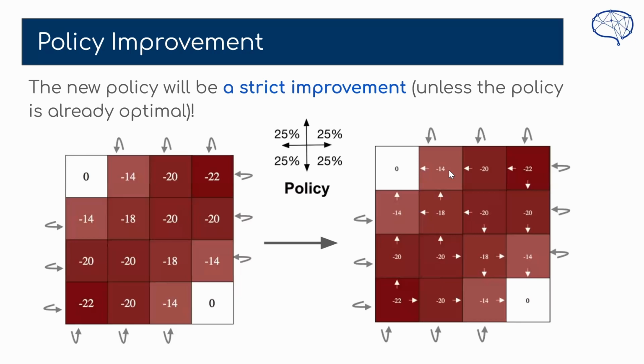And then if we look at these -14 states over here, your best action from there is to just go to your terminal states, based on the values of these states that we have right now.